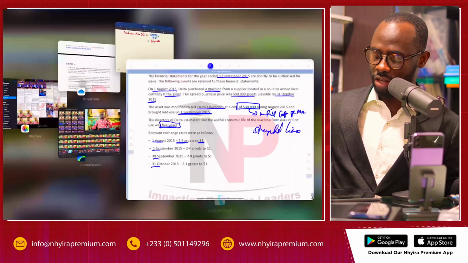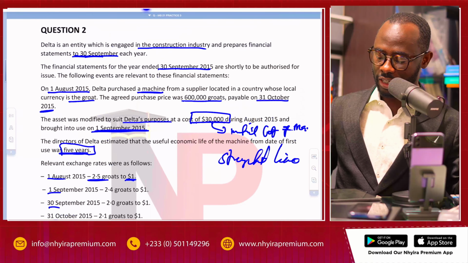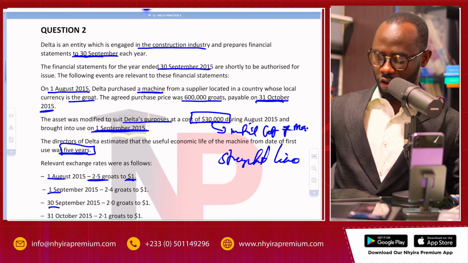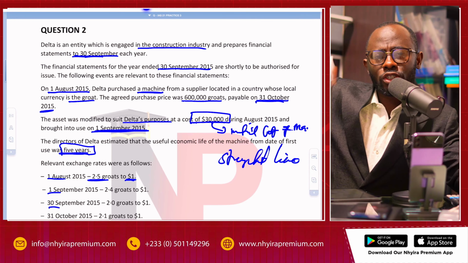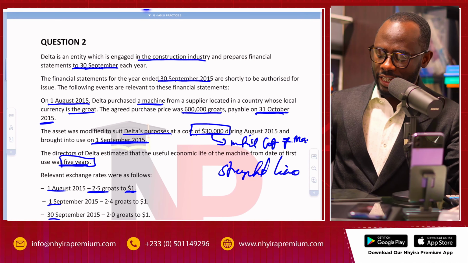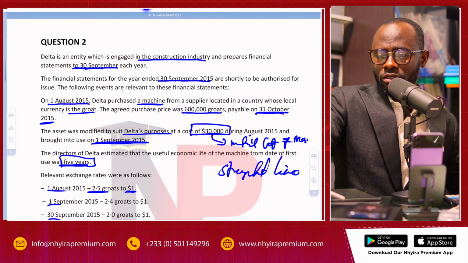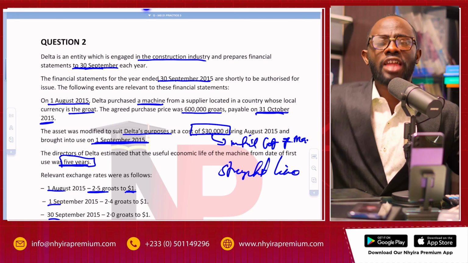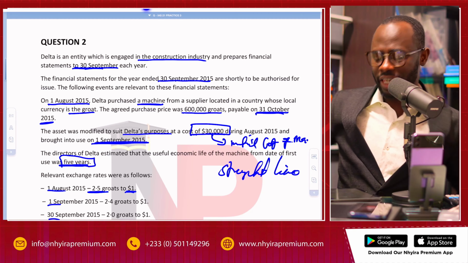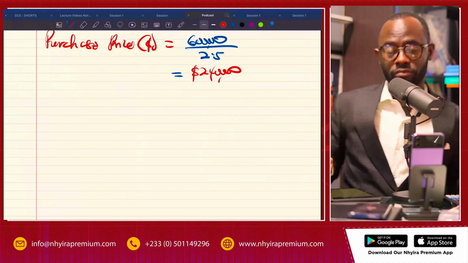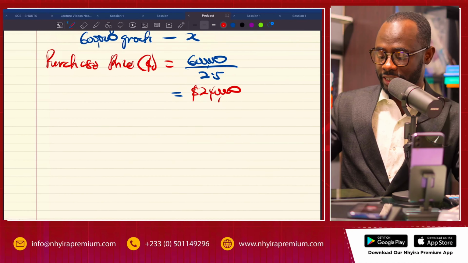So for this amount, remember we are told that they bought it, but they will pay on 31st October 2015. The year end is 30th September. So they will make the payment after the year end, 1 month after the year end. So it's a credit purchase, like I said earlier.